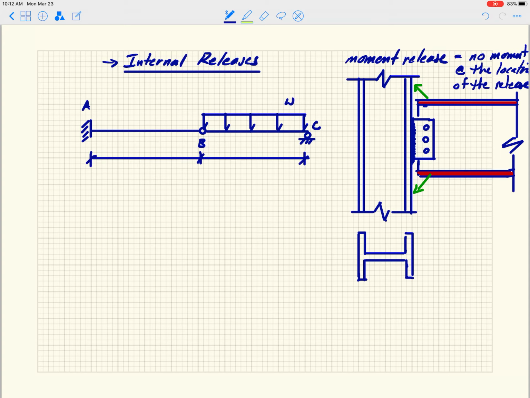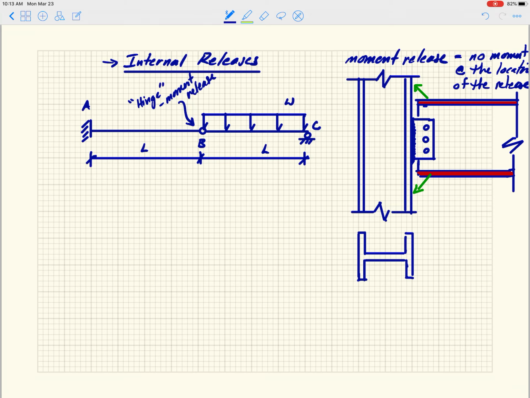This one is L, and that one is L as well, right? And this is our hinge, which is a moment release.